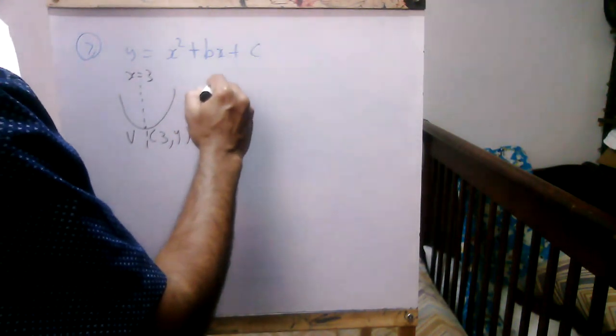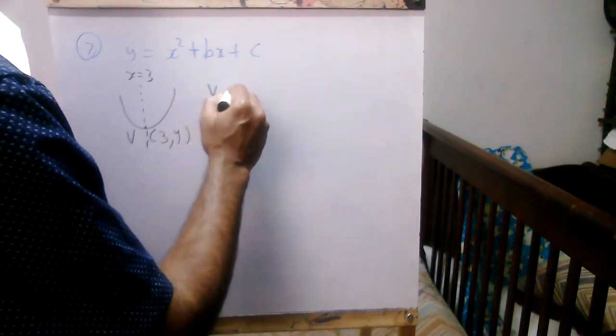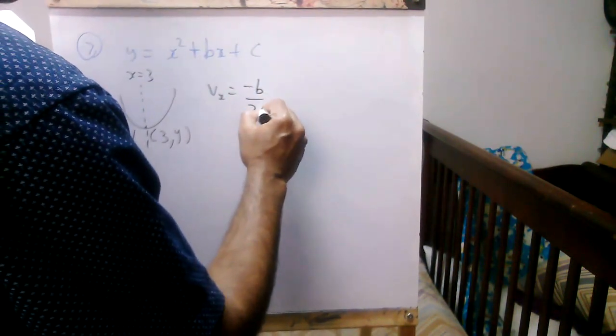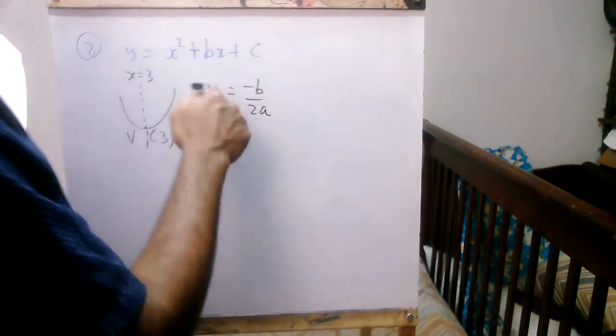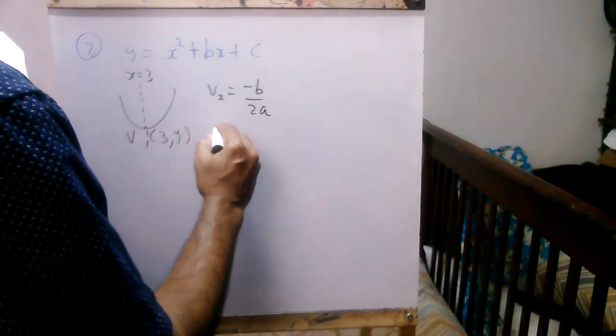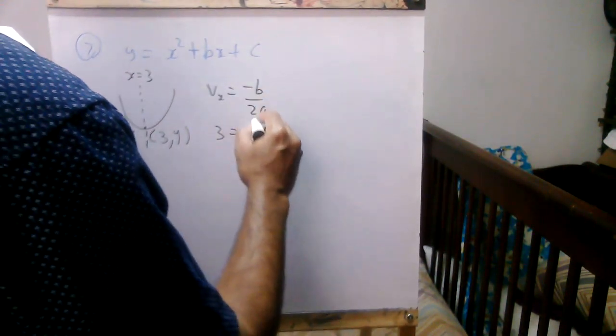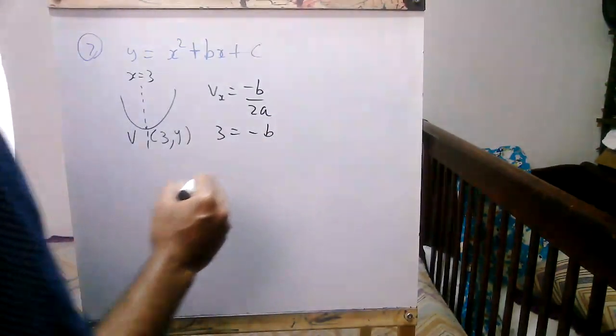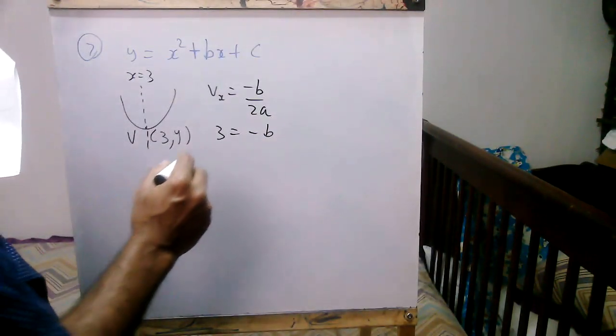We learned that the x coordinate of the vertex is given by negative b over 2a. Substitute numbers. The x coordinate is 3, so negative b over 2a.